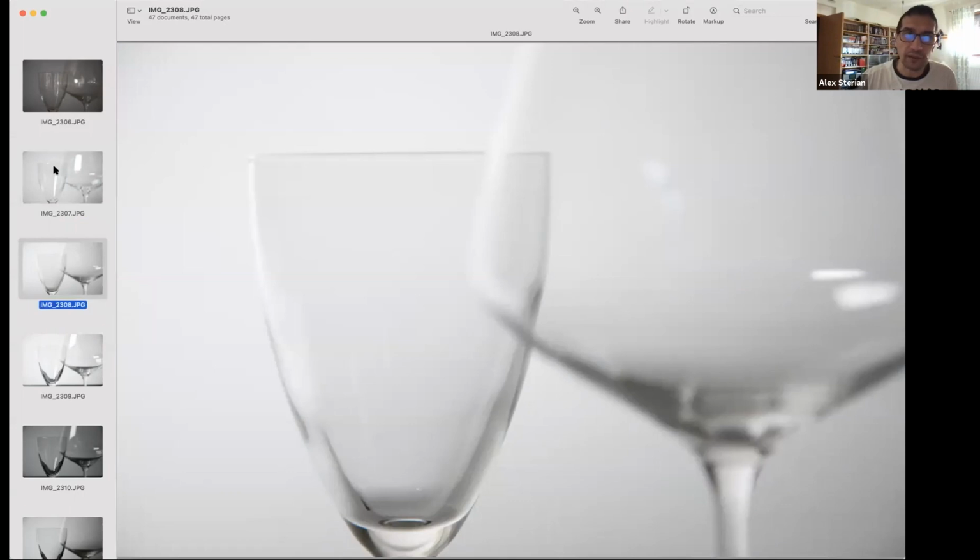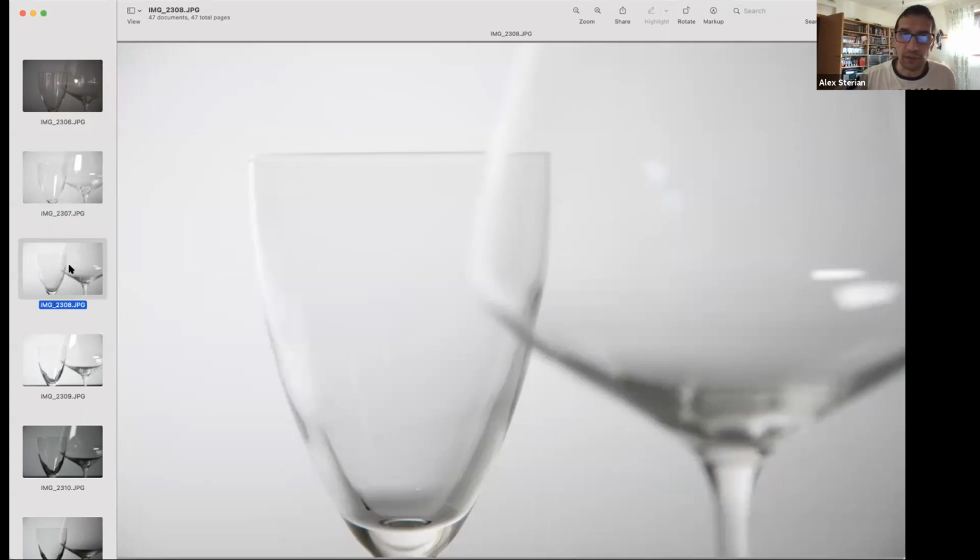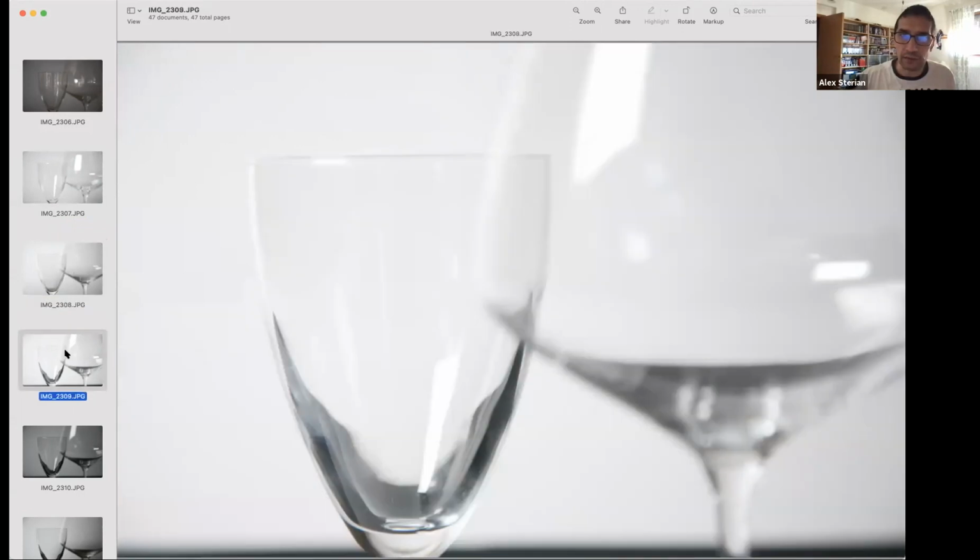So it's either direct light on the objects, or it's a reflected light bounced from the background, and to make it, let's say, not so even, you can add, as you can see here, the bottom of the glass is darker because I added some black material underneath the glasses.